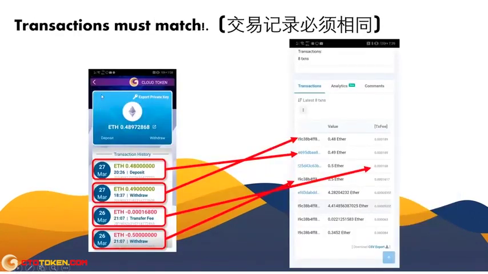The second thing you need to check is that the transactions must match. This clearly shows that we are reading from the chain itself. On the 27th March, I have this 0.48 deposit, and you have this here and 49 here, and we have a gas fee and a withdrawal.